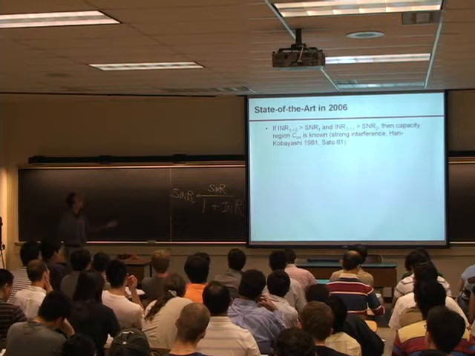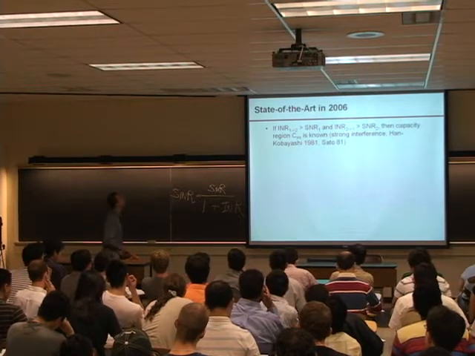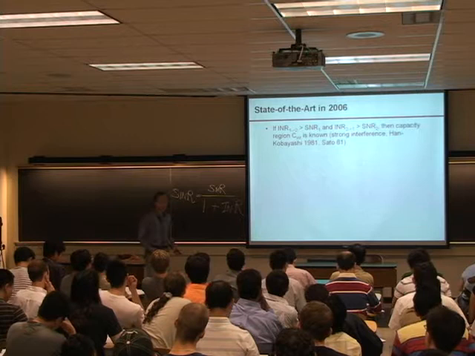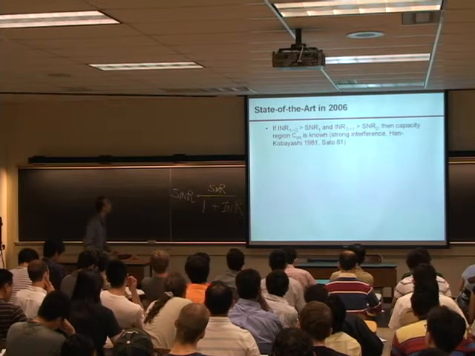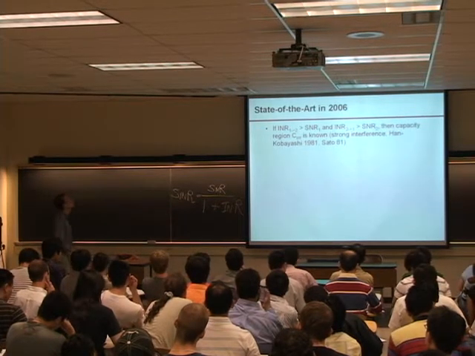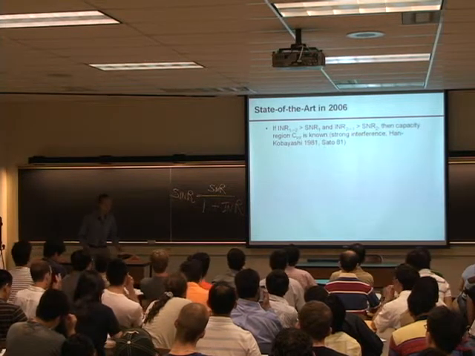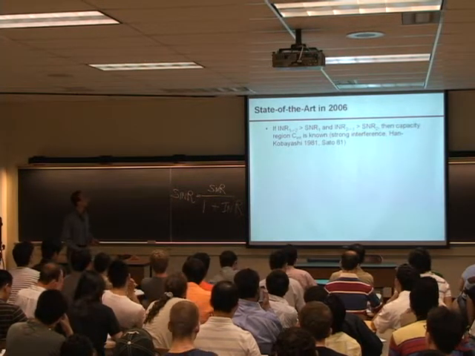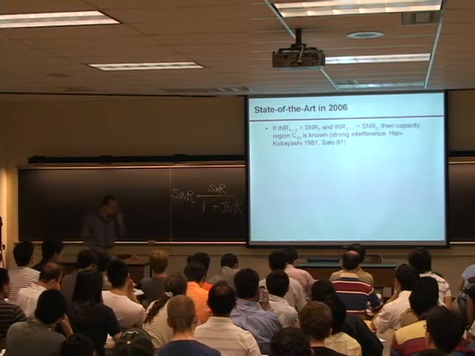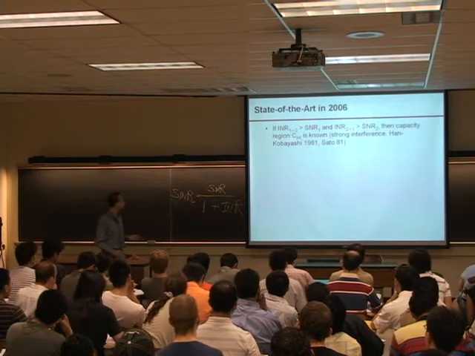If that's the case for both senders, then the capacity region is known. This is the so-called strong interference channel, and this result was simultaneously solved by Han and Kobayashi in 1981 and Sato in 1981.